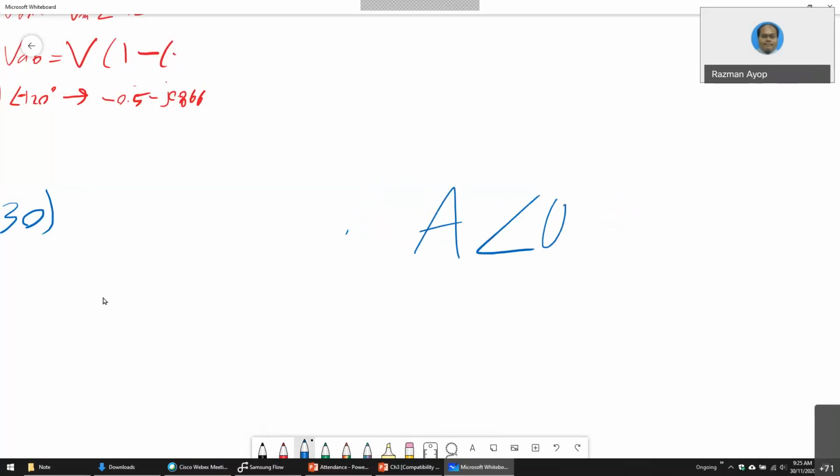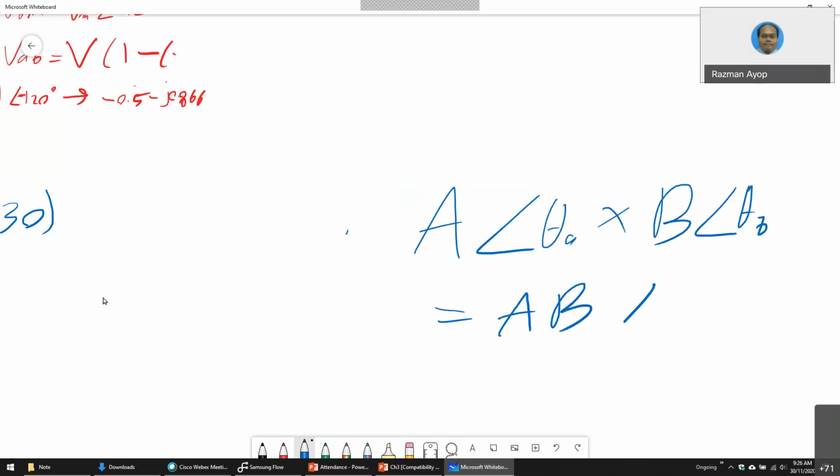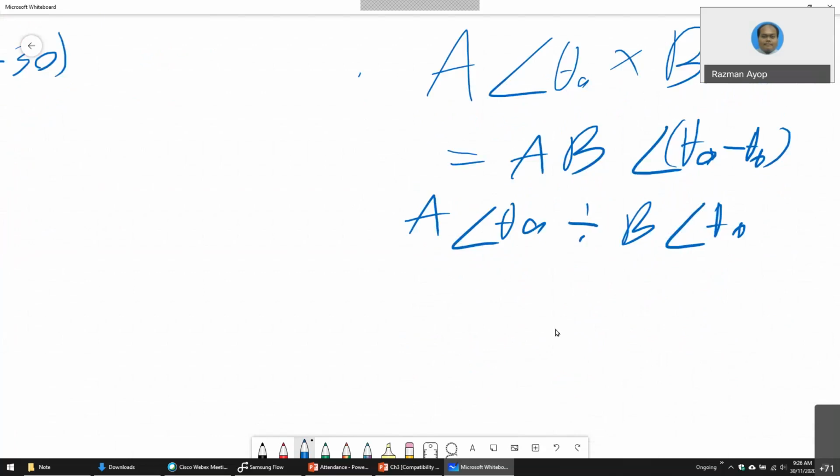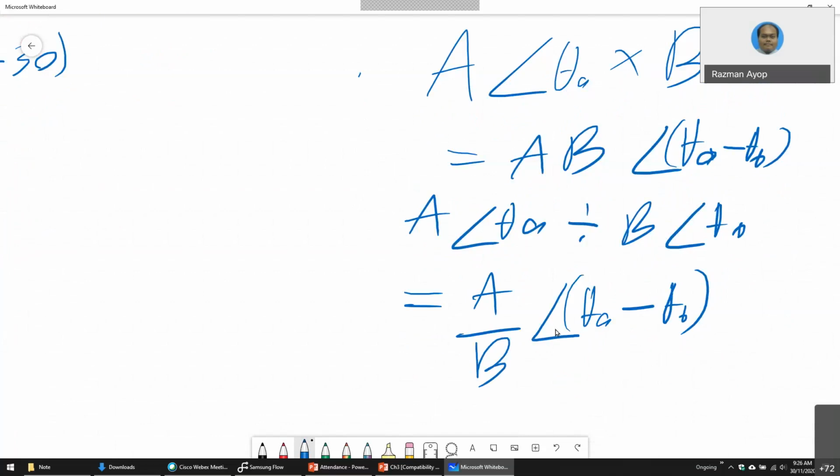A angle theta A, multiplied by B angle theta B, equals AB angle theta A plus theta B. And if you have A angle theta A divided by B angle theta B, it equals A divided by B, angle theta A minus theta B. Remember, you have to refresh back.